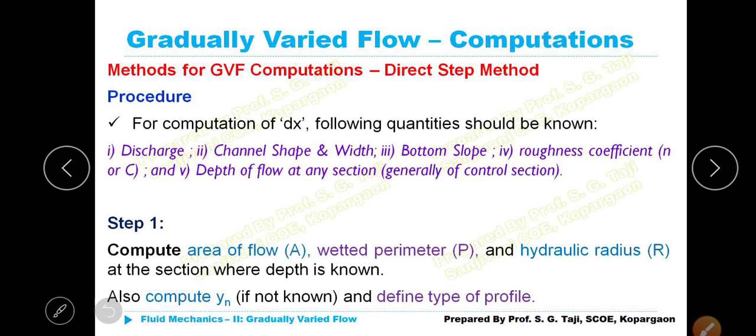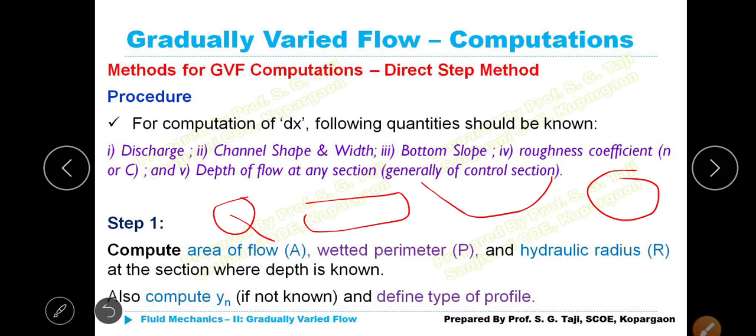Now, procedure. How is this direct step method followed in order to find out the length of occurrence of any water surface profile in the open channel? For computation of dx, the following quantities should be known. What are those quantities? Discharge Q, channel shape and width, whether rectangular or trapezoidal or circular, etc. Bottom slope, say S0.